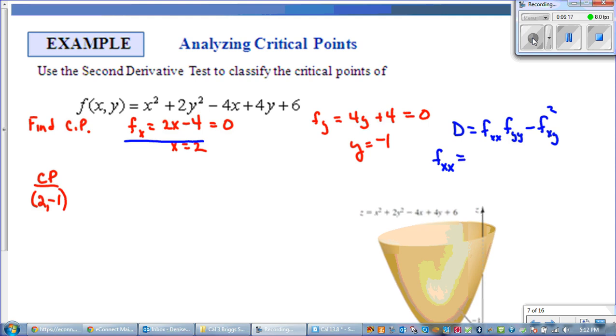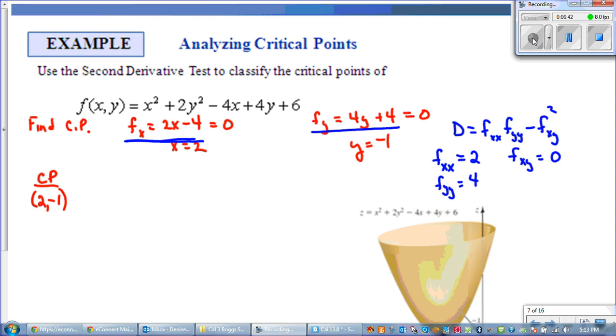The derivative with respect to x again would be 2. F sub yy would be the partial of f sub y with respect to y, which would be 4. And now f sub xy is the partial with respect to x first, and then take that with respect to y, which will be 0.